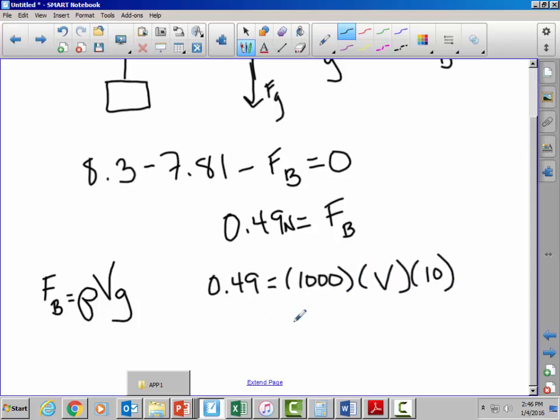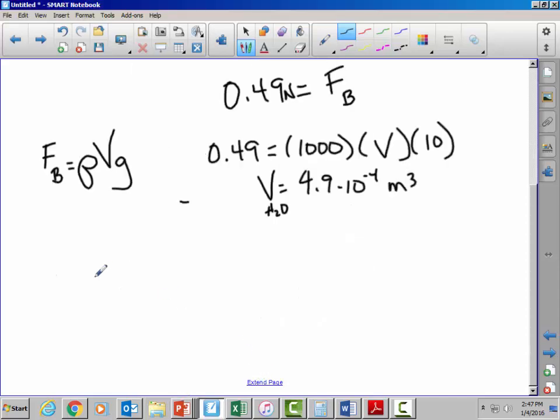When I plug this into my formula, the volume of our water, whenever I calculate this, ends up being a very tiny decimal, 4.9 times 10 to the negative 4th meters cubed. This is the volume of our water that is displaced.